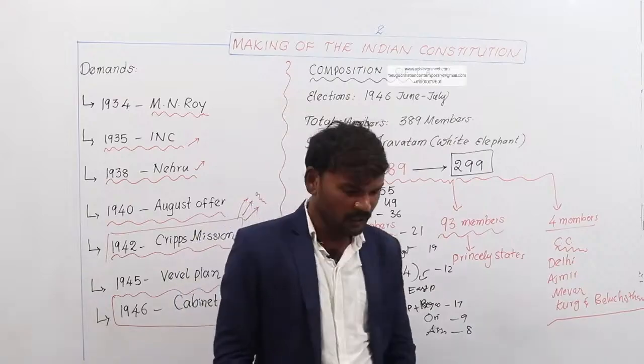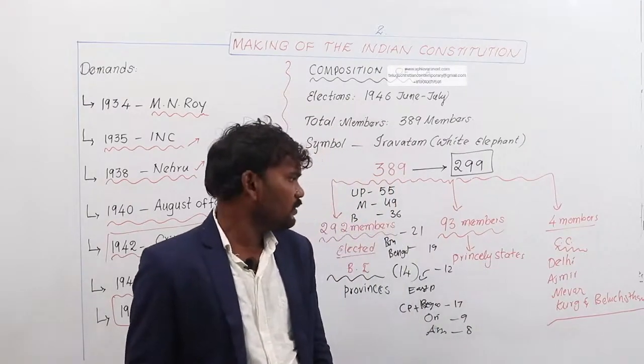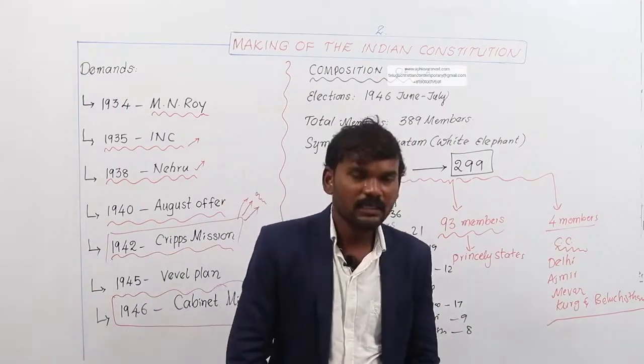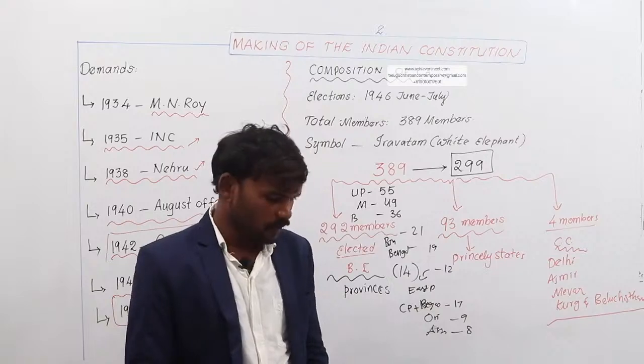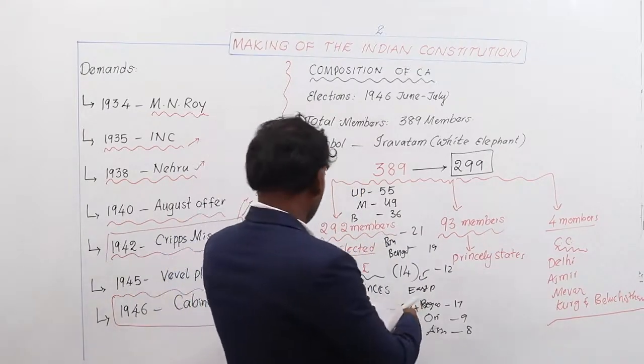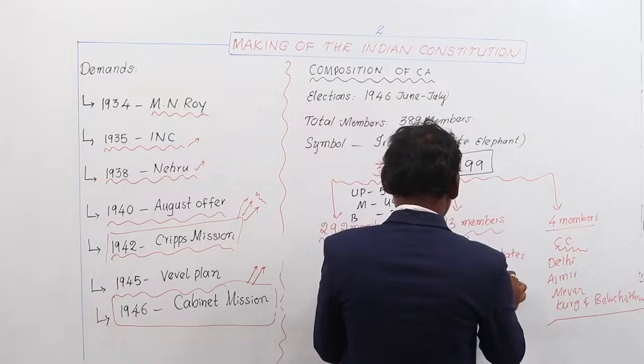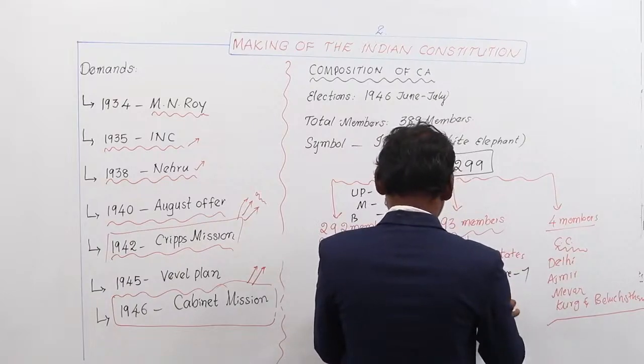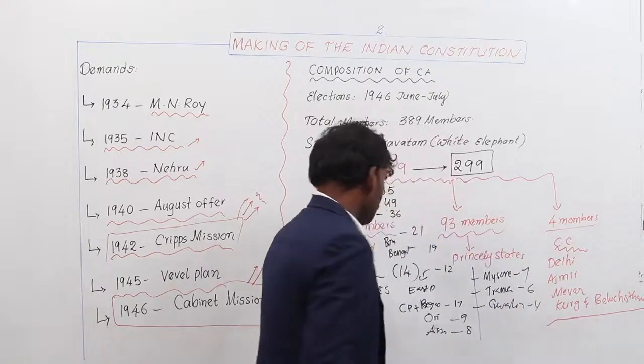Delhi, Ajmer, Mewar, and Coorg and Baluchistan had 1 each. Of the 93 princely states' members, Travancore and Mysore shared a big number: 7 members from Mysore, 6 from Travancore, 4 from Gwalior, and others.